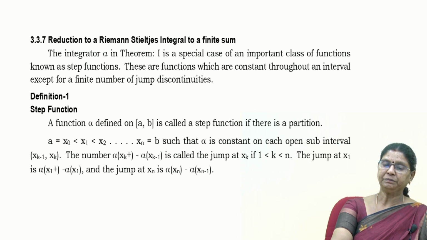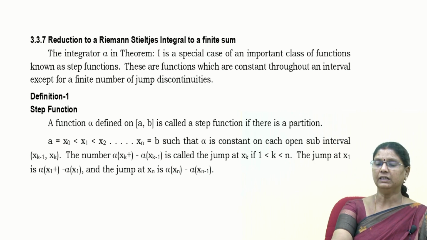In this, a step function can be defined as follows: a function alpha, defined on the closed interval [a, b], is said to be a step function if there is a partition a equal to x_0 less than x_1 etc. less than x_n equal to b, such that alpha is constant on each open subinterval (x_{k-1}, x_k).